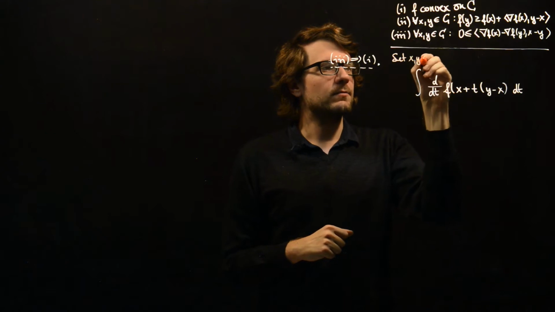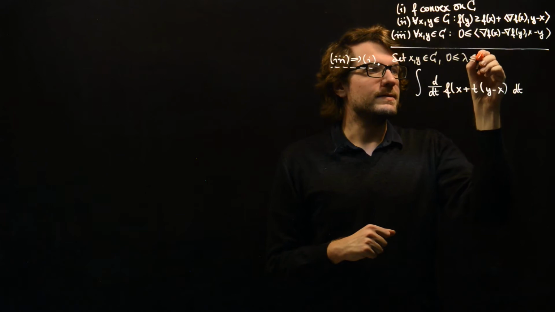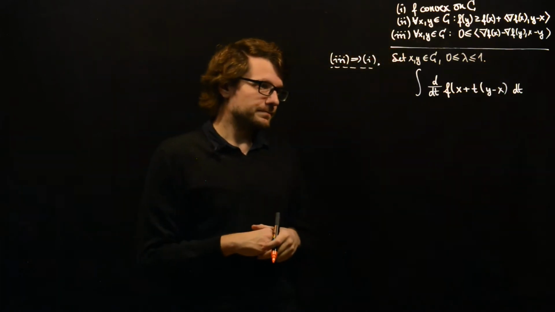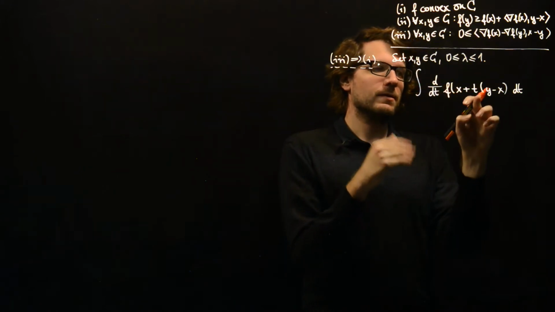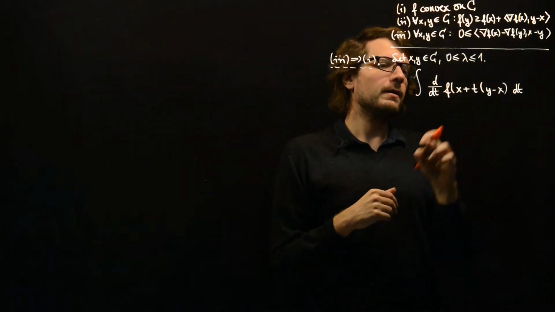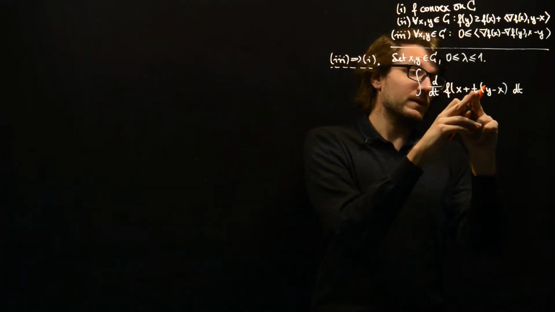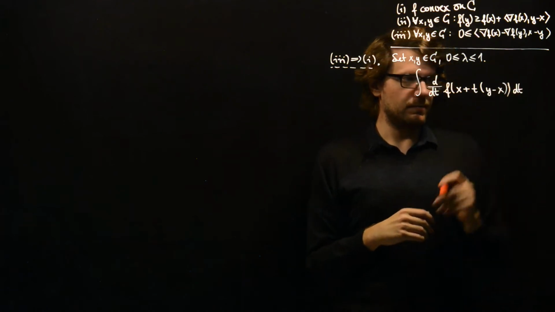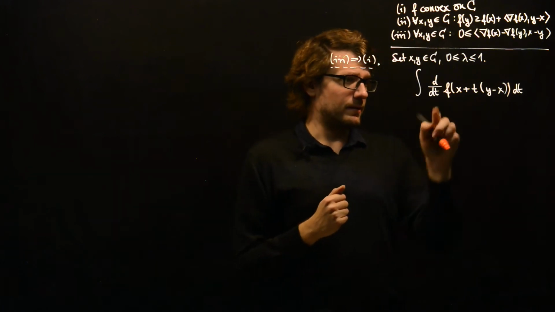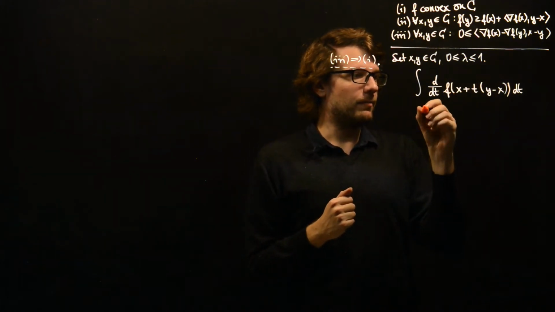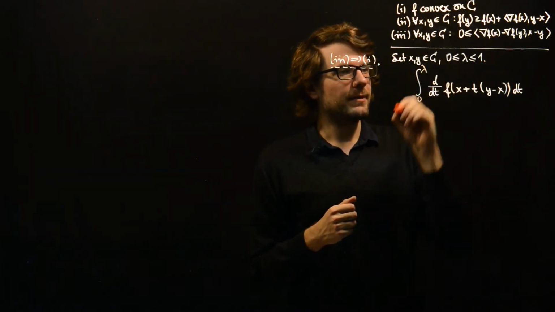So let x and y be in C. Let lambda be between 0 and 1. What we can now do is, since we want to compare the convex combination with t equal to lambda with the point f of x with t equal to 0, I think I missed a parenthesis here, we can just integrate this thing here from t equal 0 to t equal lambda.